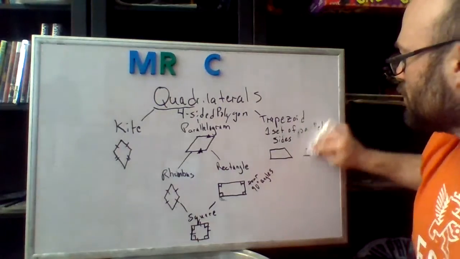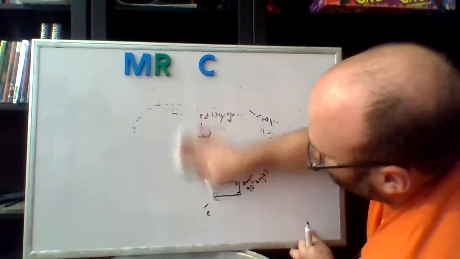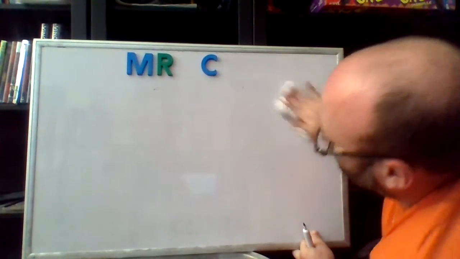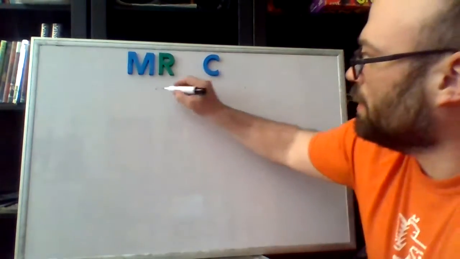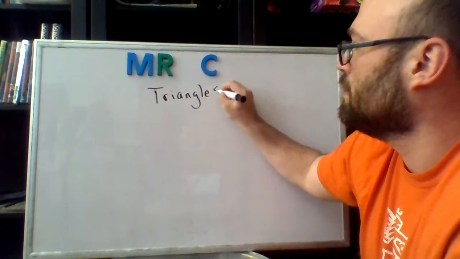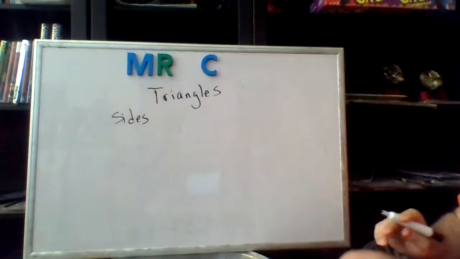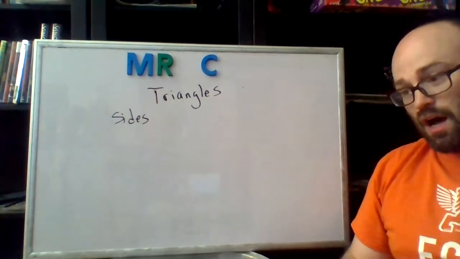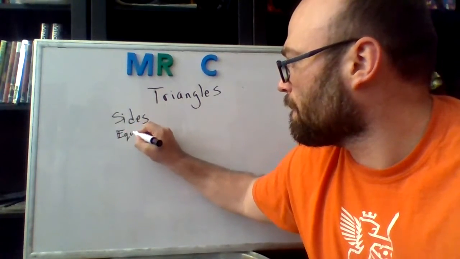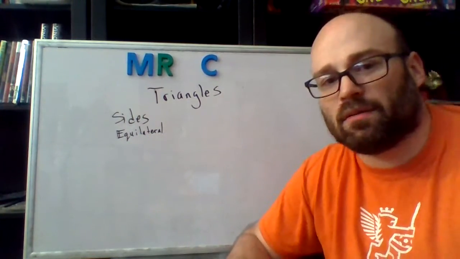We're going to talk about our notes on triangles. Triangles are classified by their sides or by their angles. By sides, you have an equilateral triangle.